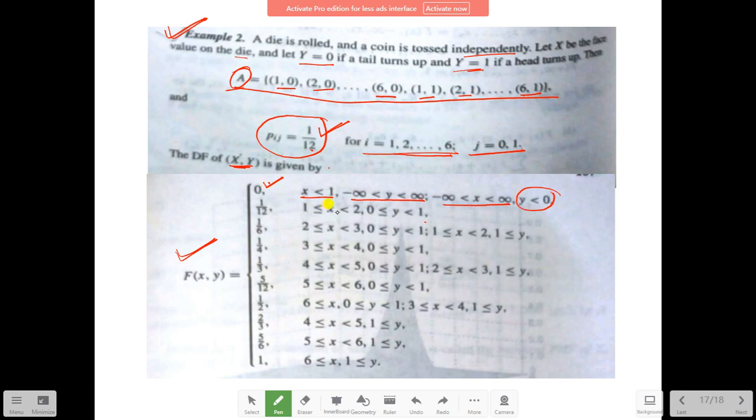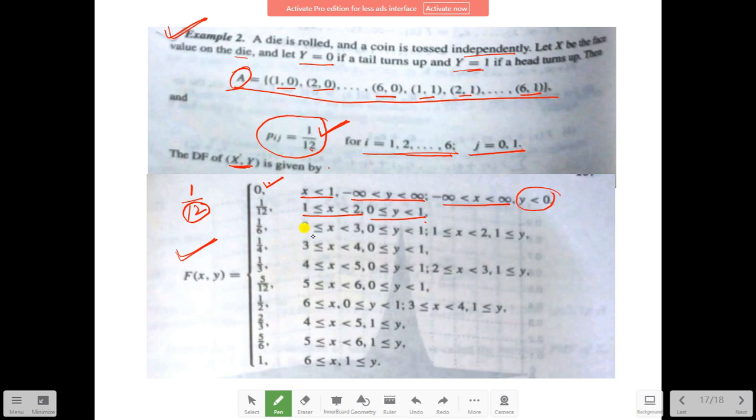Now here x is greater than 1 but less than 2, y greater than 0 but less than 1. So in that case probability is 1 upon 12, because when we roll a die and toss a coin, the total number of sample points is 12, because Pij is equal to 1 upon 12.